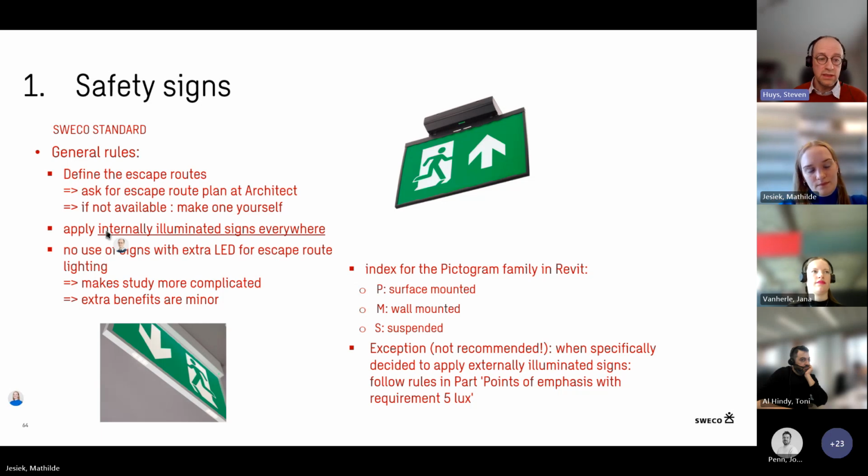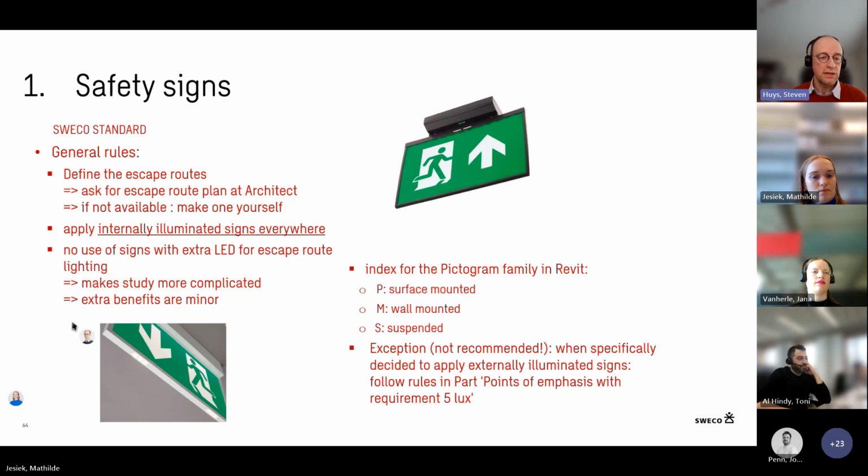It will have consequences on the price a bit, extra luminaires, but as she said already, it makes a clear distinction between the safety signing and the escape route, one lux level on the floor, because otherwise you still have a mix of those two, and it's in that mix that faults happen, and we have problems in execution, and of course we don't want that.